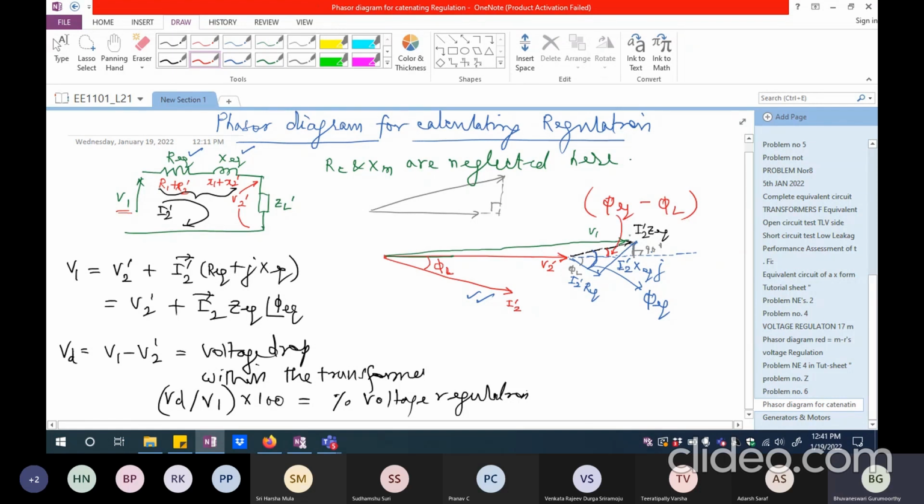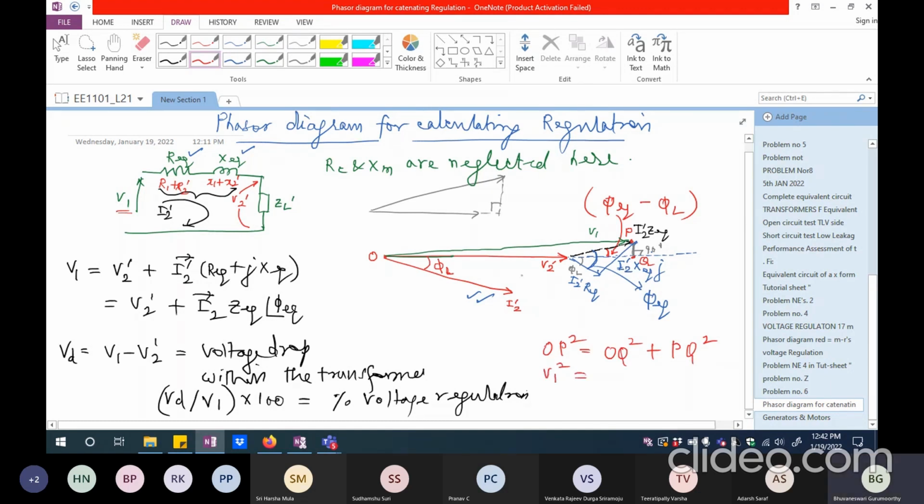So now I can calculate V1, which is the hypotenuse. Let me write the name of this triangle. Let's say this is O, let me call this point P, and let me call this point Q. So I should be able to write OP square equal to OQ square plus PQ square, right? So this is V1 square.